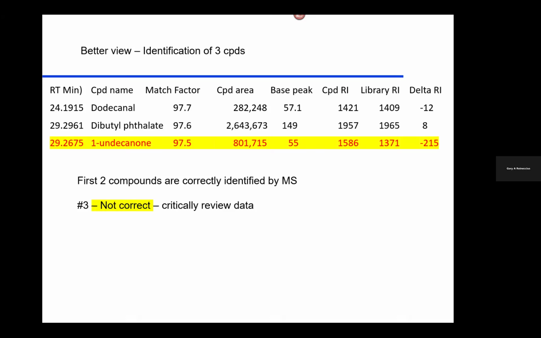Another one is a little closer to the carbon 14, delta RI minus 12. The next one is a delta RI of 8. If we look at this final tabulation, there's a compound that it misidentified, but it caught the misidentification. The MS said it was something, but the retention time simply can't be.